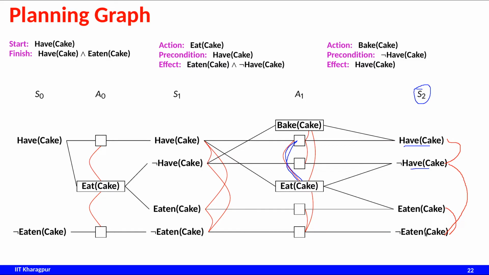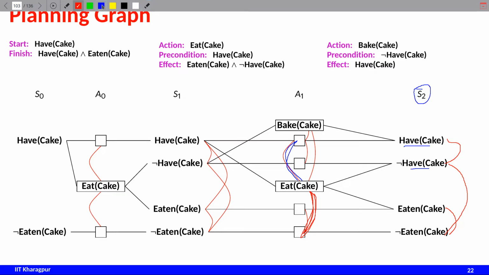When we look into not eaten cake and not have cake, not eaten cake results from this eaten cake, and not have cake results from this eat cake, and these two actions are mutually exclusive. So I cannot have this situation, so either one of these actions will take place, so I can have only not have cake or not eaten cake.